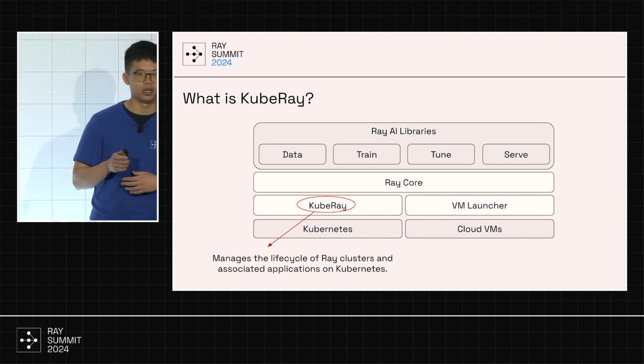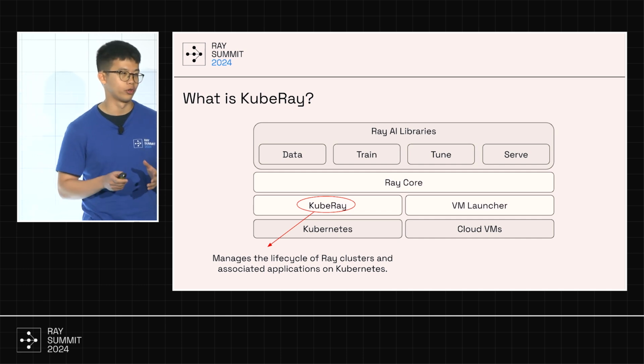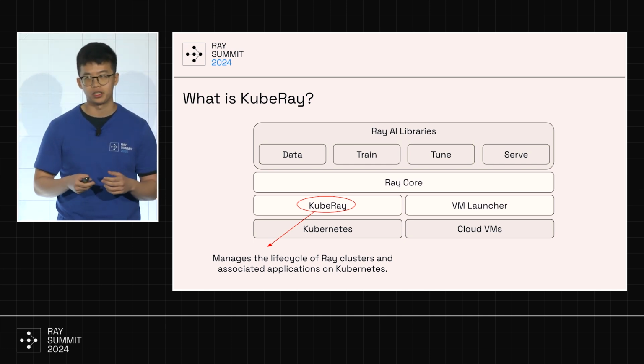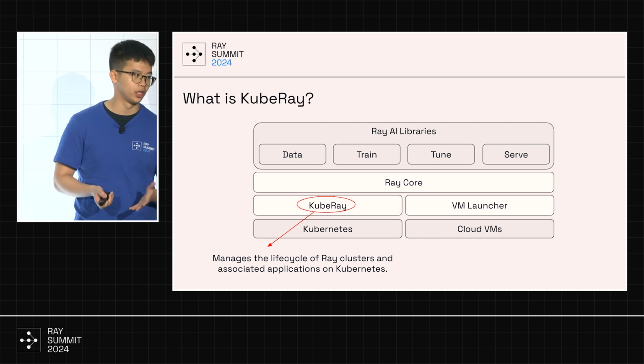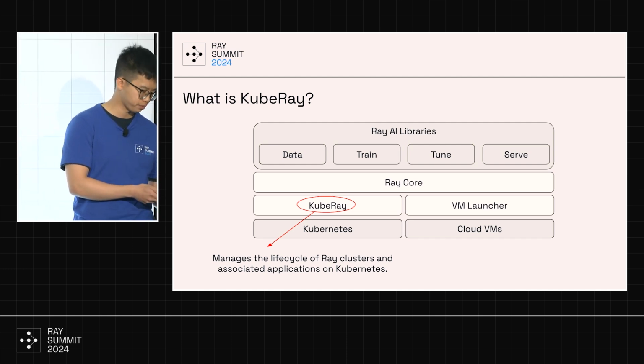It is the go-to option for Ray open source users to productionize Ray. KubeRay manages the lifecycle of the Ray cluster and the associated Ray application on Kubernetes. And if you are familiar with Kubernetes concepts, KubeRay is the Ray Kubernetes operator.